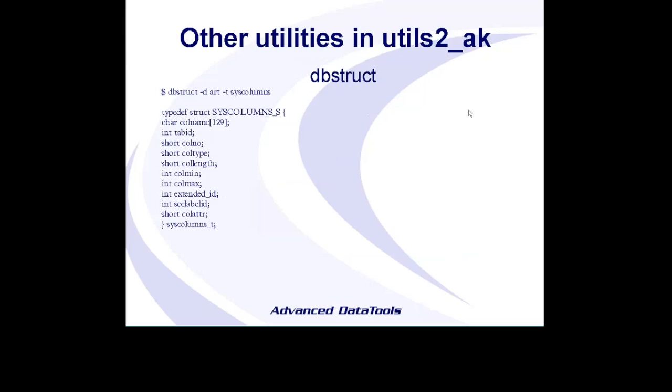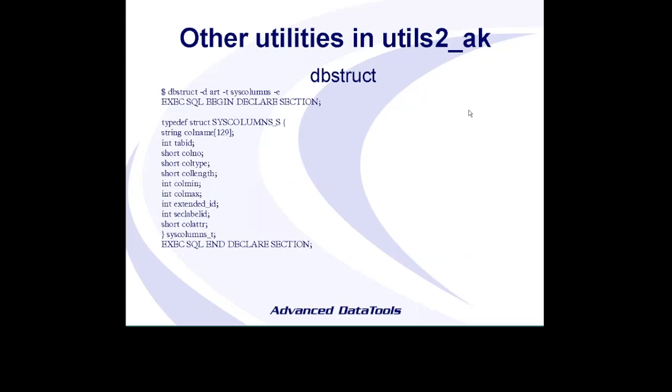And if you do that, it also uses string instead of char, so that the strings are null terminated when they're fetched instead of space padded. There's an option to create 4GL records. There's an option even to create structured Fortran records because I used to code in Fortran and I still like it.